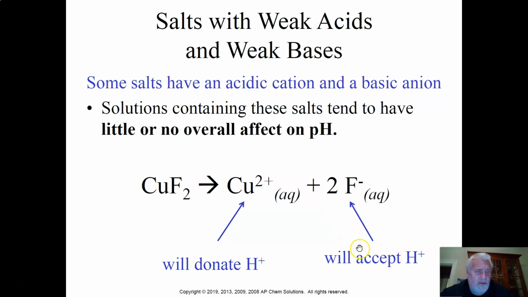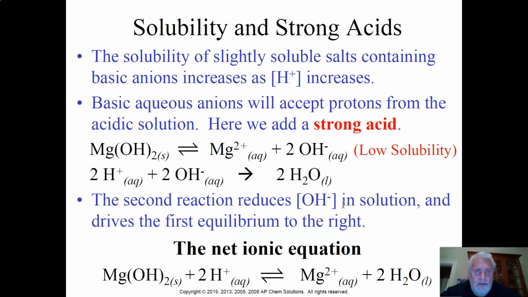Whereas the other ion is very willing to accept a proton. So again, you have a situation where they would sort of fight each other. Make sure you read through this stuff. Like I said, we're going to power through this lecture pretty quickly right here.